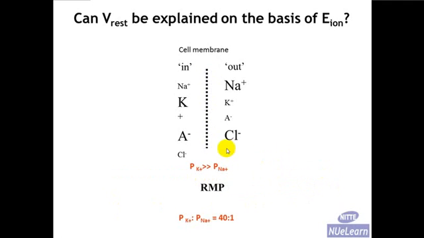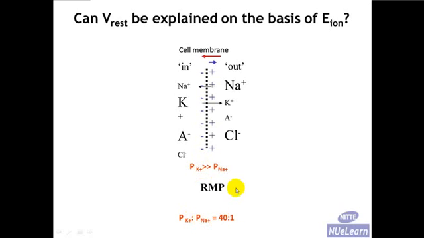So in this kind of a scenario where a cell membrane is permeable to both potassium and sodium, however, the permeability of the membrane to potassium is much greater than the permeability to sodium. One would assume the ratio to be 40:1 in the resting state.